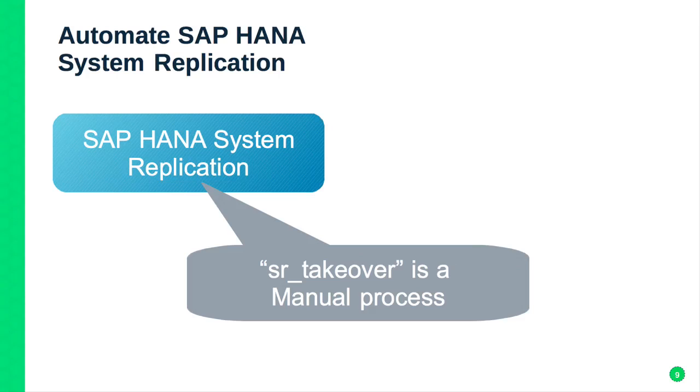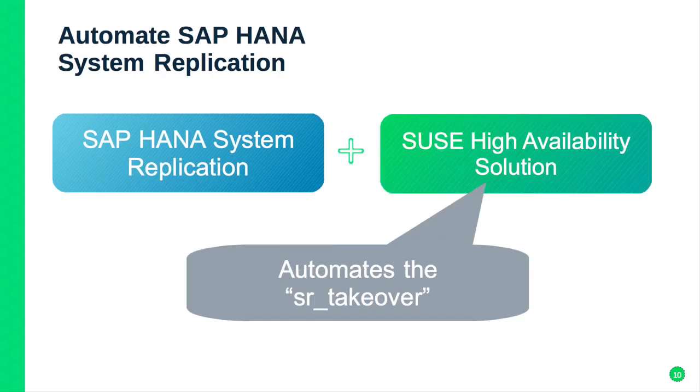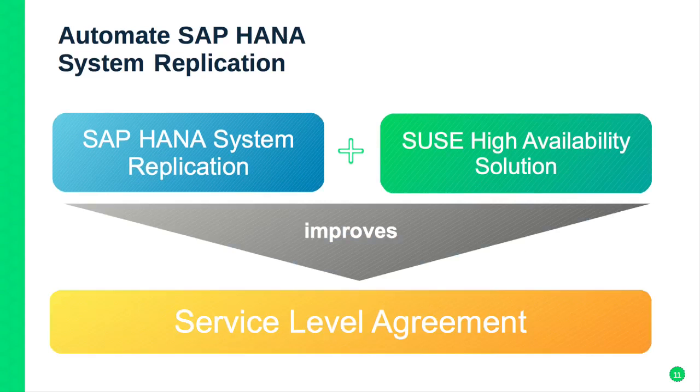As we have seen before, in SUSE Linux Enterprise Server for SAP applications, we have the HA extension. And with the help of the HA extension, we can automate this manual takeover. So this helps to have better service level agreements.